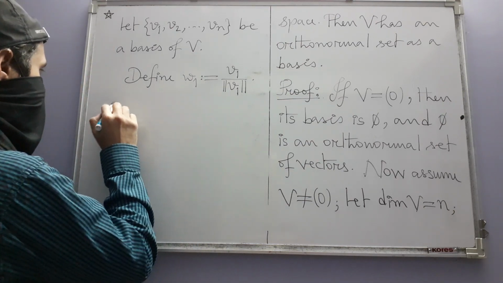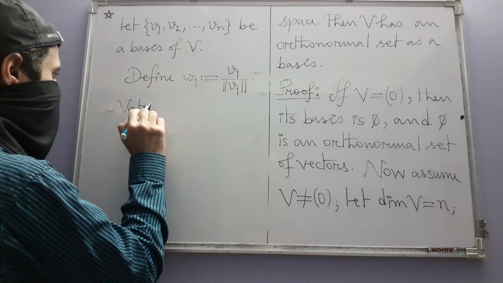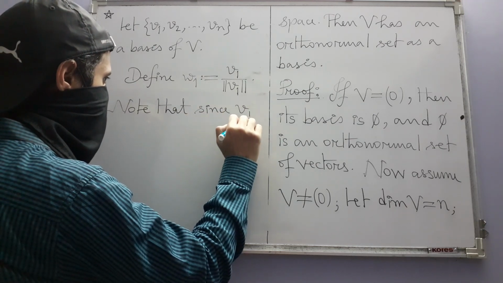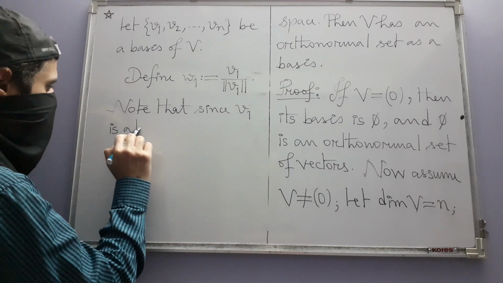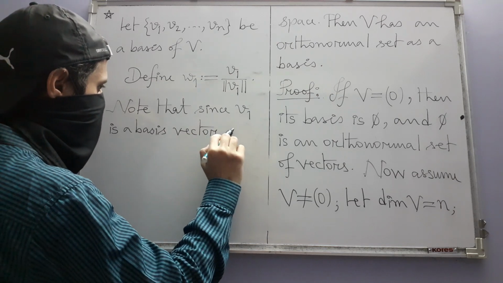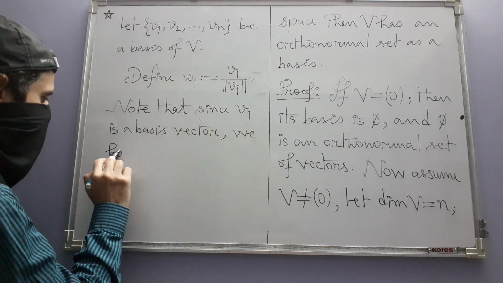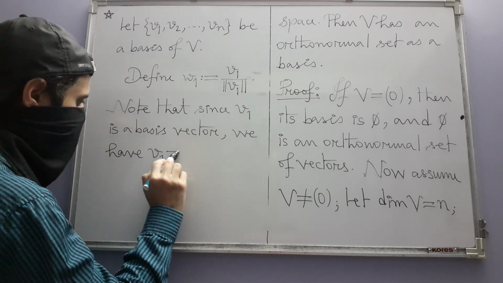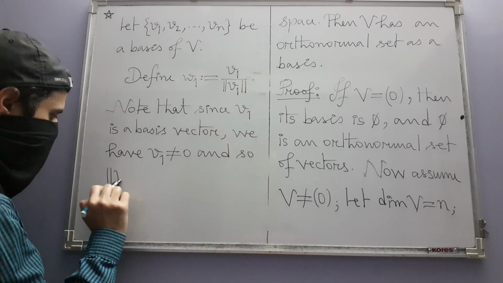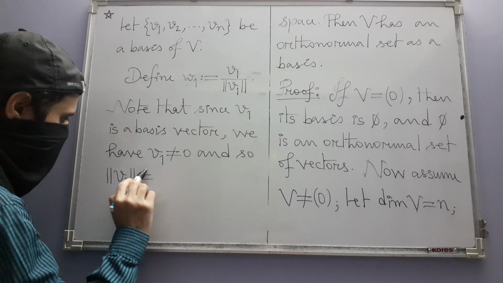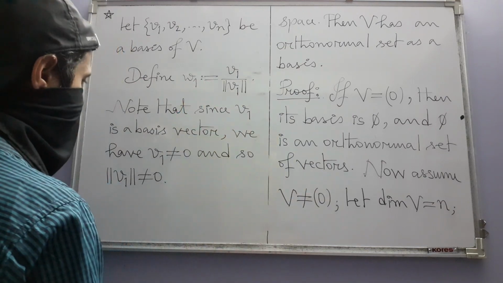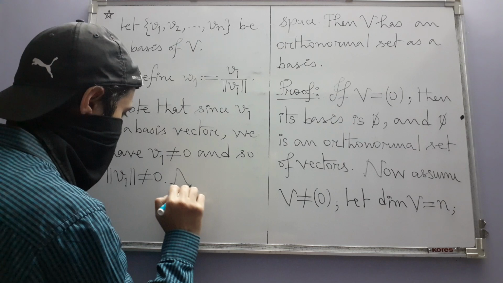Note that since v1 is a basis vector, we have v1 not equal to 0, and so its length is also non-zero, and that's why w1 exists actually, and w1 is a vector in V. Okay.